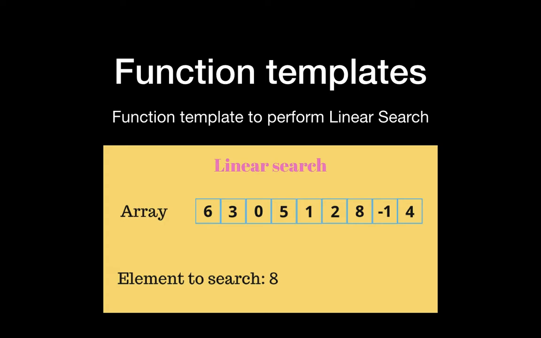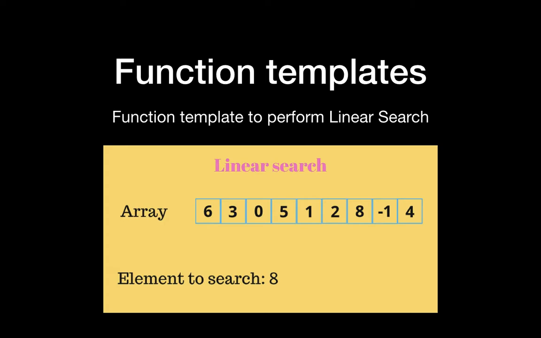In this video, we are going to look at another example of a function template. We are going to make a function template which helps us to perform linear search. Now, if you guys remember, the graphic on the slide shows how linear search is carried out. So I have a list or an array of elements and I want to search for the element 8. So in linear search, I will compare 8 to the first element.